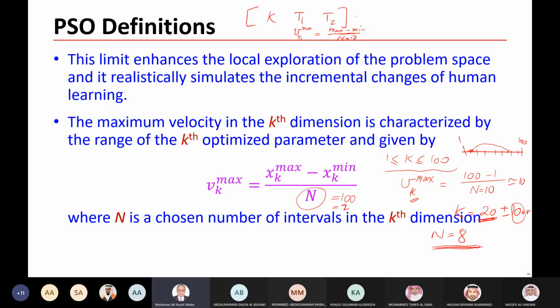What you need is the swarm behavior: all are progressing towards a certain objective, not flying from here to there. So you need to compromise for n. As we mentioned, n equal to 8 or 10 works fine.